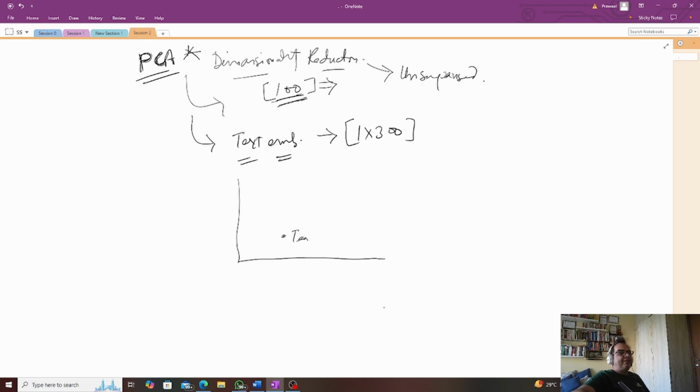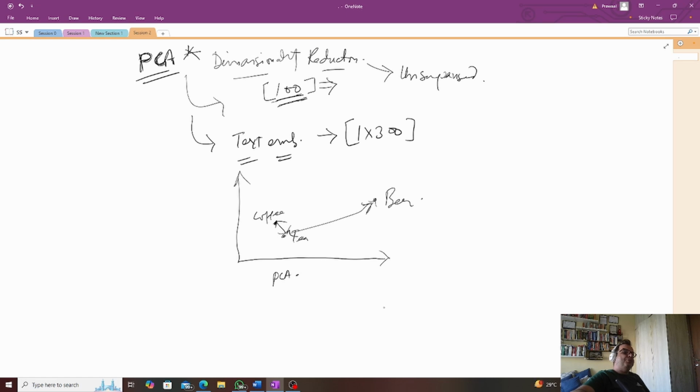So if I have tea here and coffee here, and let's suppose I have, say, beer here, these will be more close to each other rather than this. This is also where you want to visualize some information in a reduced dimension, because when you go to senior stakeholders and tell them that this is a very large space, and in that kind of hyperspace there is similarity between these two and not between these two, people will not be able to visualize this information, and that's where PCA will help.